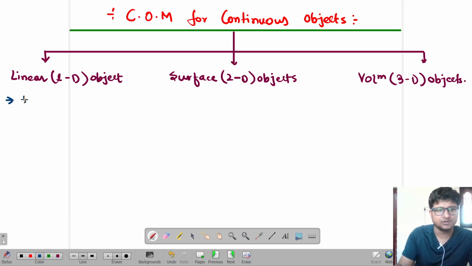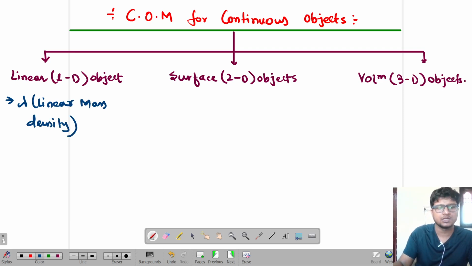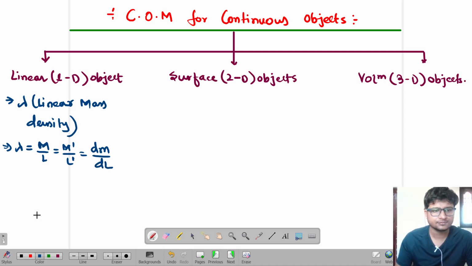For this, we define linear mass density. This lambda is exactly equal to mass by length, which is also equal to small mass by small length, and also equal to dm by dl. And for that, we usually take a straight rod and ring. This was our condition.